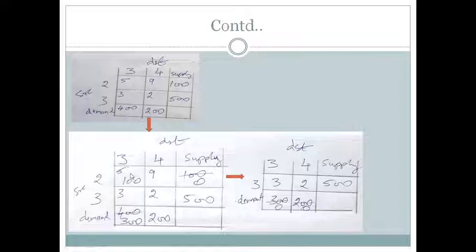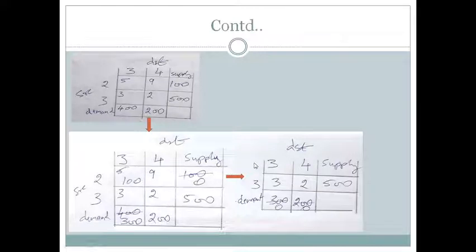Subtract that value from supply and demand, so 100 minus 100 is 0, and similarly with demand, 400 minus 100 becomes 300. Now this row has become 0 supply, so exclude this.